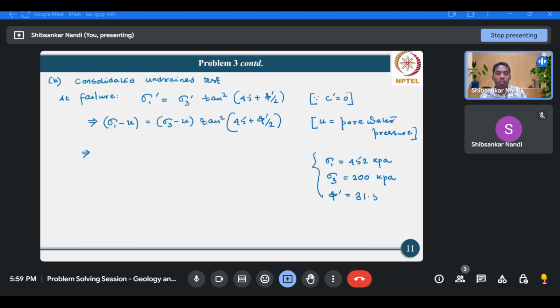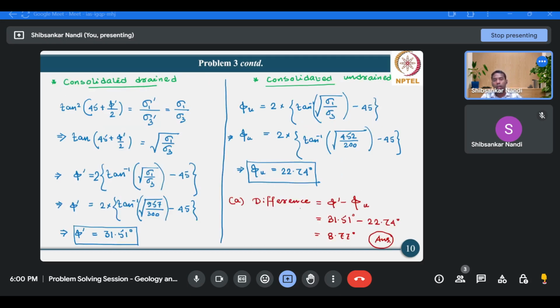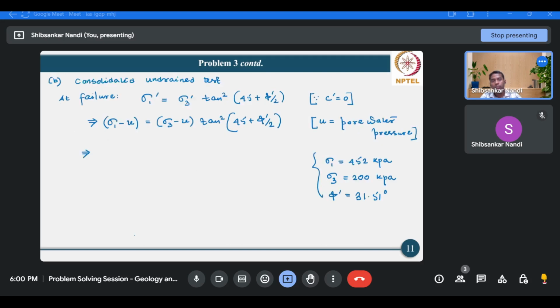Okay, so please don't make any mistake regarding this phi value, because now the relationship is expressed in terms of effective stress condition. So that's why we have to consider the effective friction angle only. And since we are dealing with the same soil sample, this value will be valid for this soil sample. Okay, so 31.51 degree.